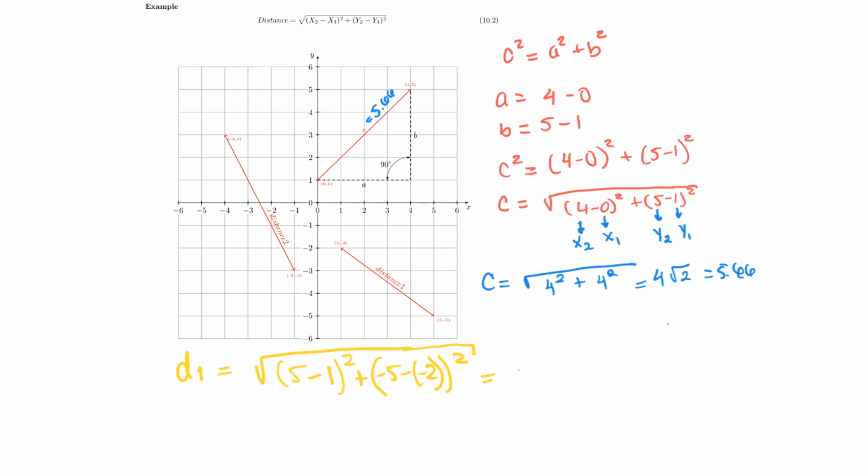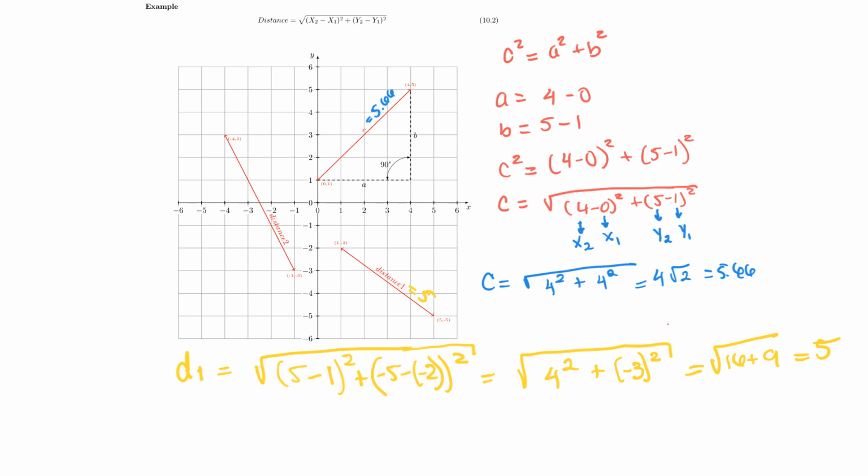This will be equal to the square root of 5 minus 1, that is 4 squared, plus minus 5 minus a minus, that will be plus, so minus 5 plus 2, that is minus 3 squared. This is equal to the square root of 16 plus 9, which is the square root of 25, which is equal to 5. So distance 1 is equal to 5.